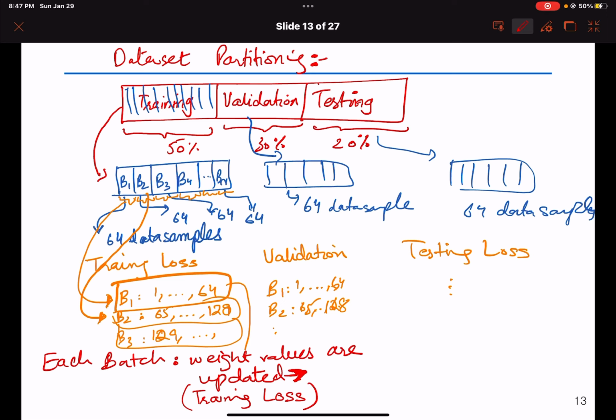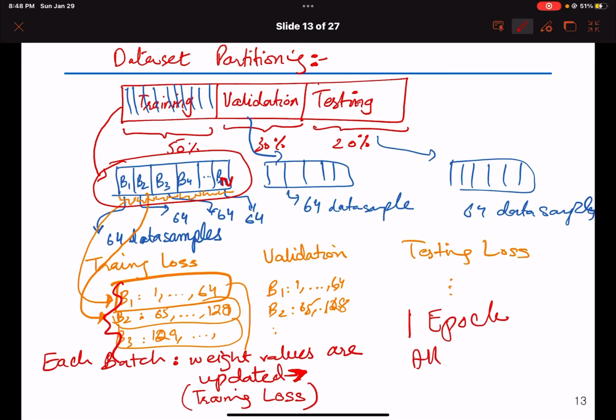When all of your batches are given as input, the whole of this data is given and your weight values are updated n times, because we have n batches. We call this one epoch.